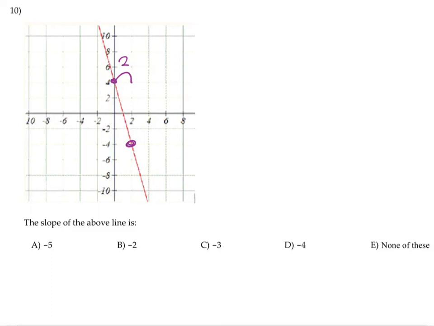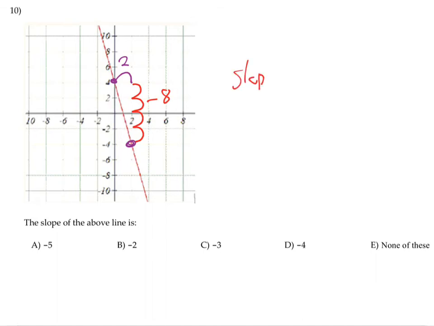And then how far down? 2, 4, 6, 8. Down 8, because every jump from line to line is 2 on that graph. So right 2, down 8.